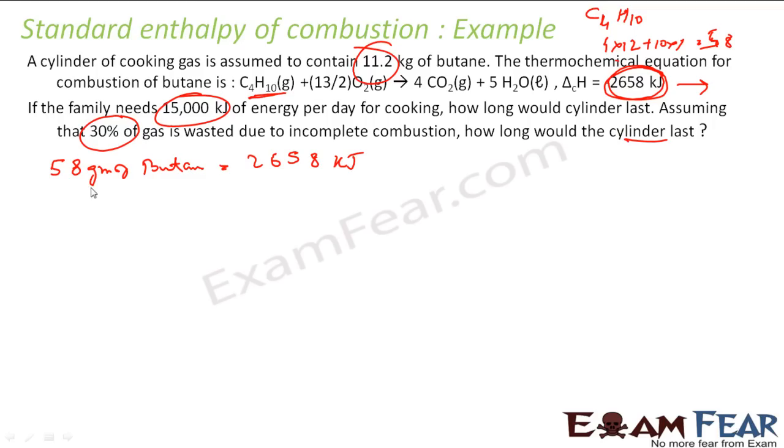Correct? That is 1 mole. So we have 11.2 kg. 11.2 kg of butane gives how much? 2658 into 11.2 by 58. This was in gram, so I'll multiply by 1000 for kg.